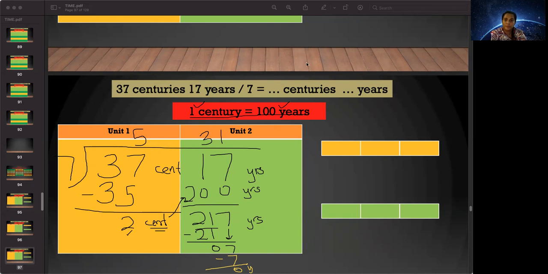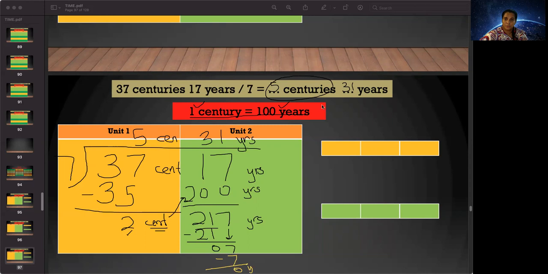So over here, your answer is now 5 centuries and 31 years. So you can write it down now, 5 centuries and 31 years. Now let's say the question asked you to answer in just number of years. So then you have to change your 5 centuries.